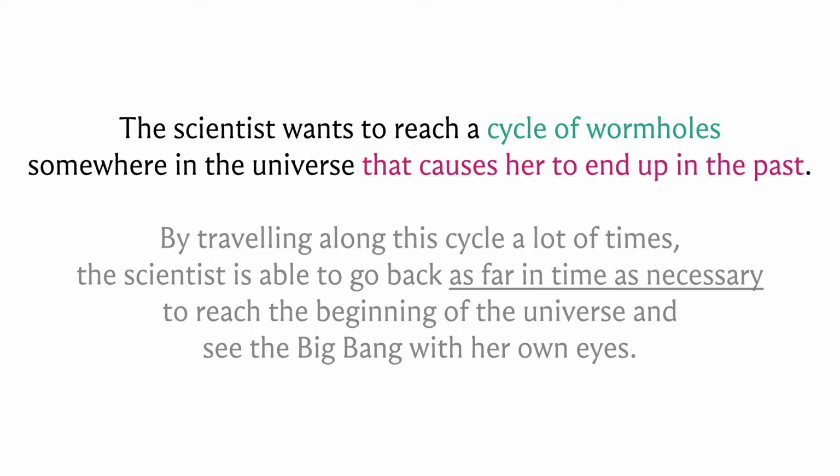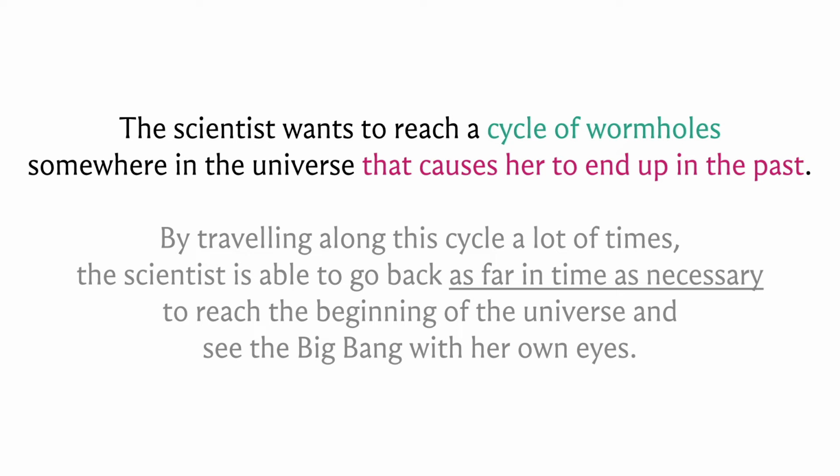But for that to actually happen, we need to figure out how exactly we want to model our edge weights. So this would be a good time to pause and think about how would you ascribe weights to the edges so that a cycle of wormholes that takes the scientist back in the past will correspond to a negative weight cycle in the graph that we have built up so far. Take a moment and come back once you're ready.